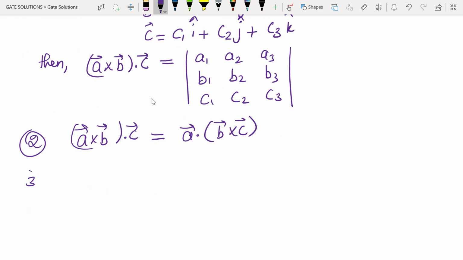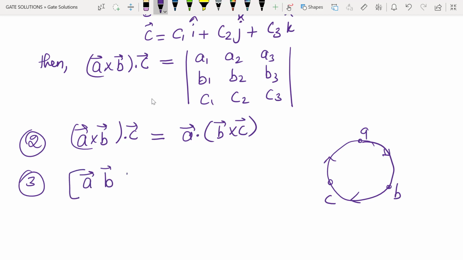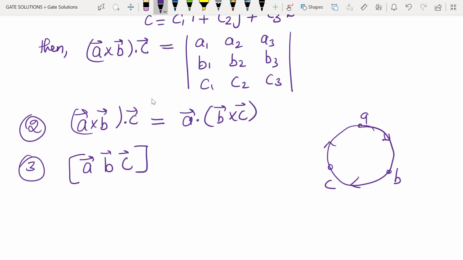The third property is, suppose this is in the cyclic order, A, B, C. This scalar triple product is denoted by A, B, C in the square bracket. So we can interchange these vectors such that the cycle of the vectors stays the same.